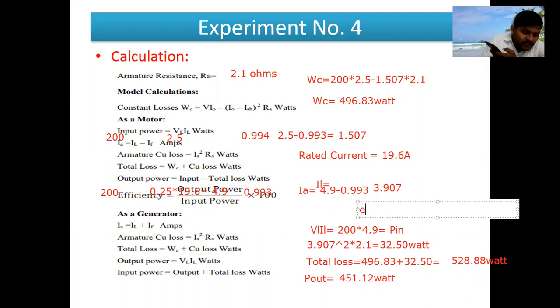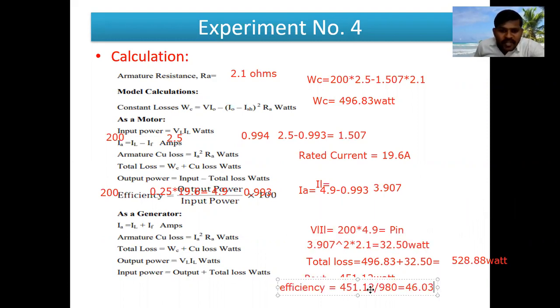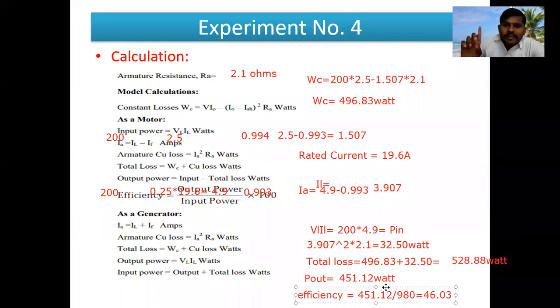So efficiency is equal to output power 451.12 divided by 980 into 100. किती येईल, 46.03 ना. Yes, sir. 46.03% efficiency when we assume the load at 25%.